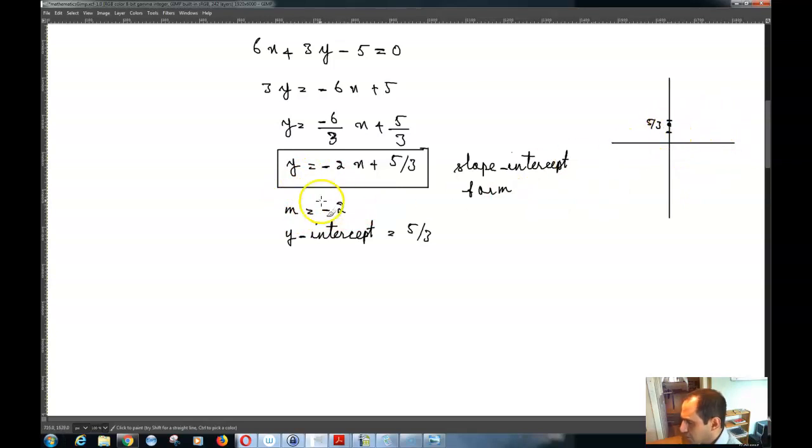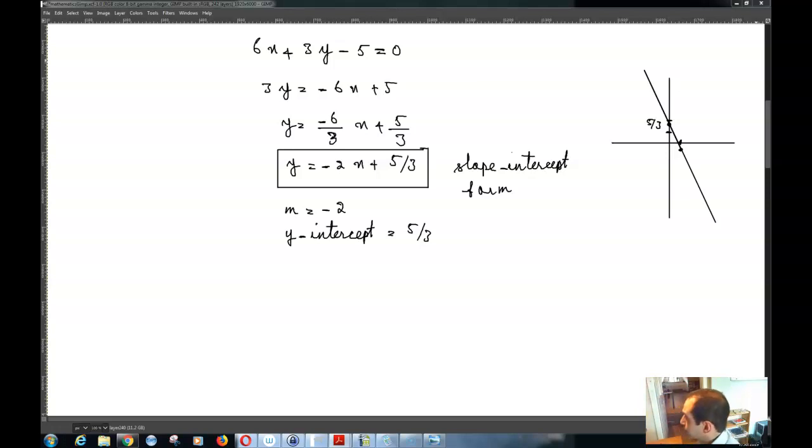That means that for 1 unit of horizontal change, you have -2 units of vertical change, meaning that you will end up somewhere over here, and that's going to be the graph of the line. So that is that. And number 2 is y is equal to -2x plus 5/3.